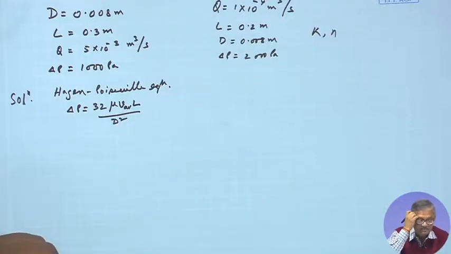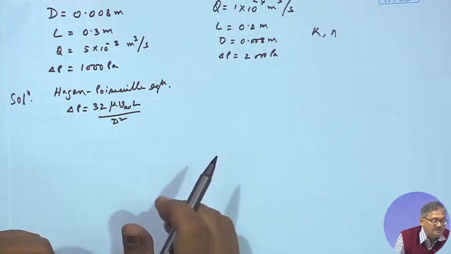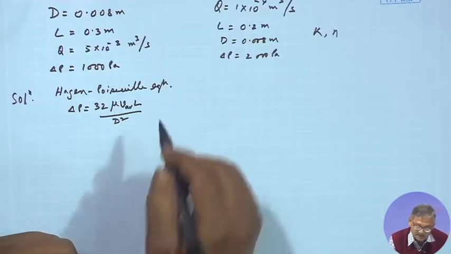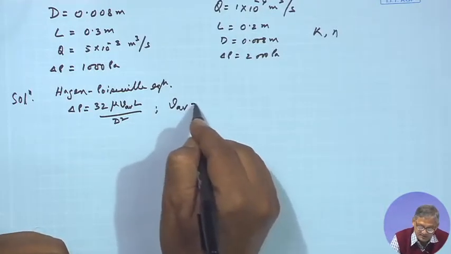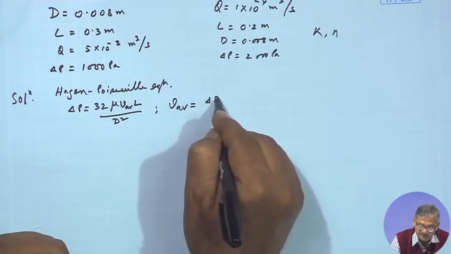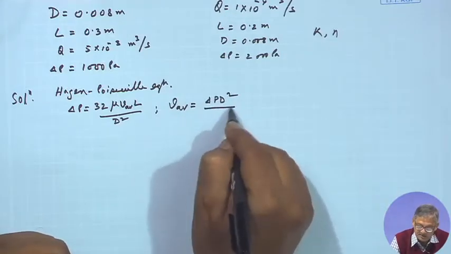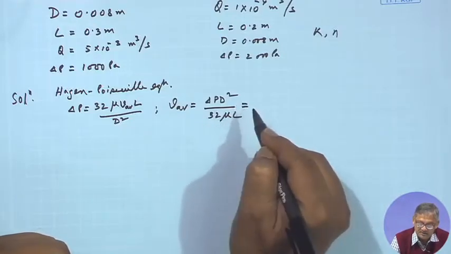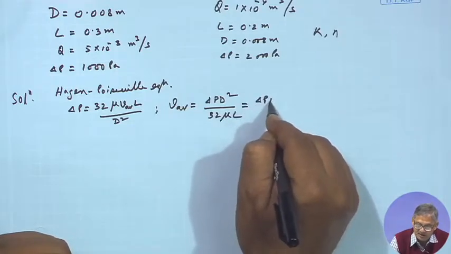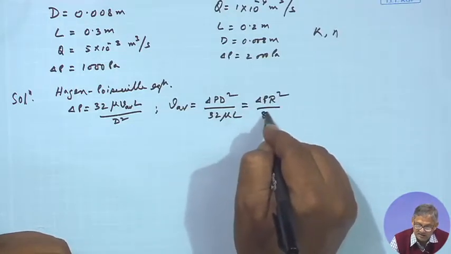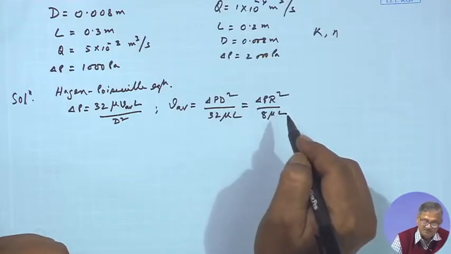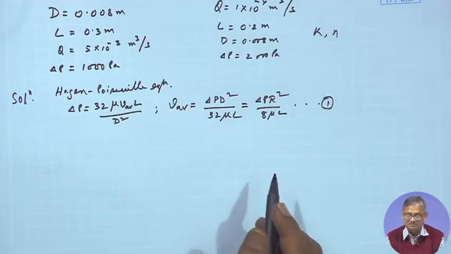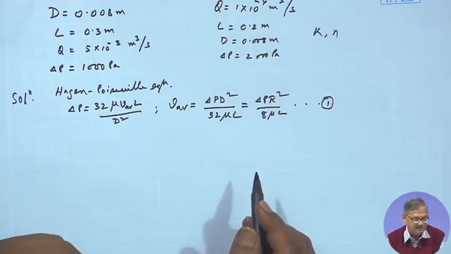So, this is the delta P. Okay. Therefore, from there we can write that V average is equal to delta P D square by 32 mu L, that can be written as delta P R square by 8 mu L, right. So, let us call it equation number 1, right.